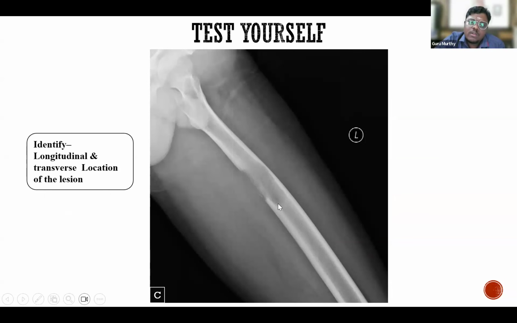If you see, the whole central part of the medullary cavity is involved, so there is a central intramedullary lesion. Whether it is epiphysis, metaphysis or diaphysis, you can see the metaphysis and epiphysis are well away, so it is in the diaphysis and more towards the proximal part of the bone. So it is probably in the proximal diaphysis.